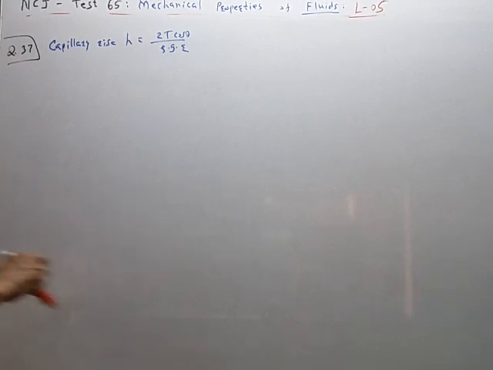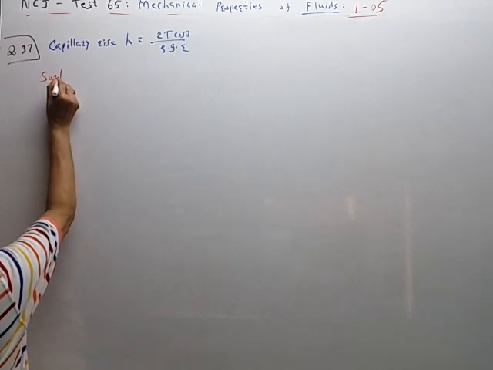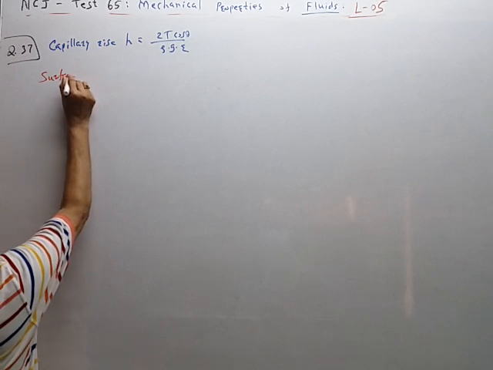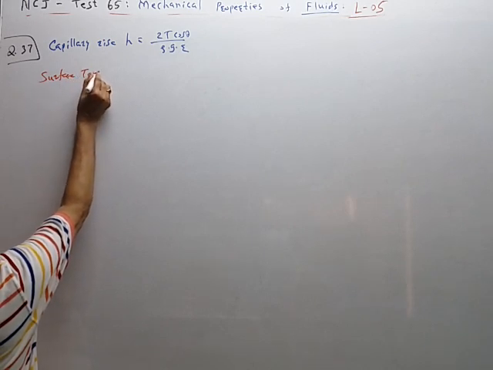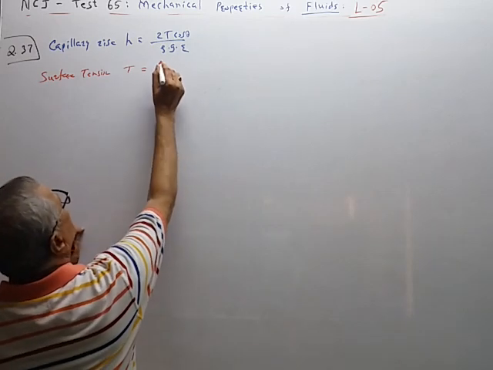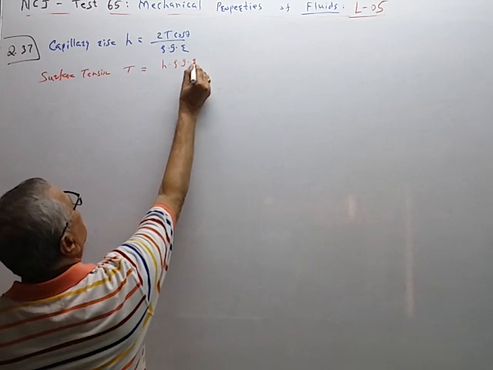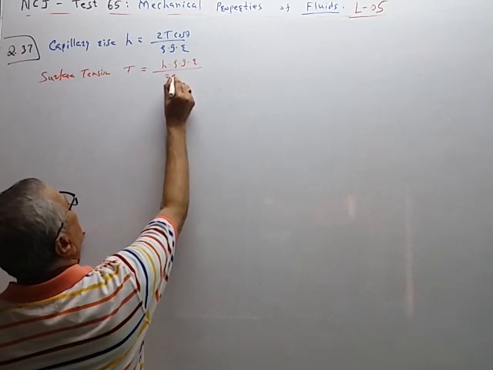Therefore, surface tension T is equal to H rho g r upon 2 cos theta.